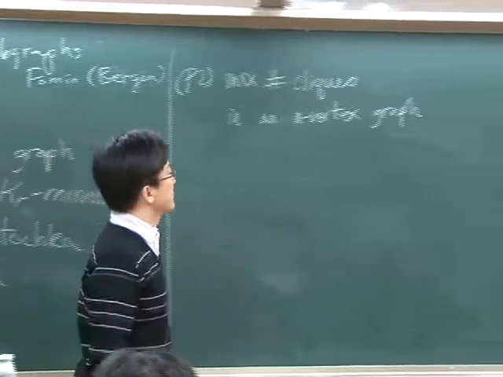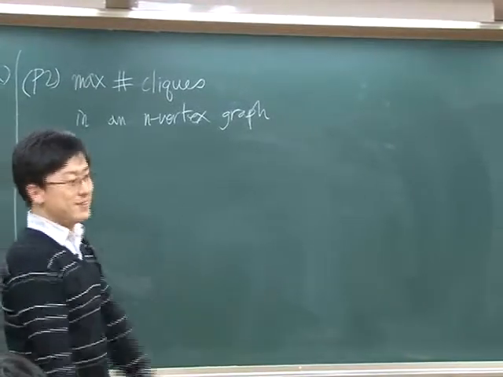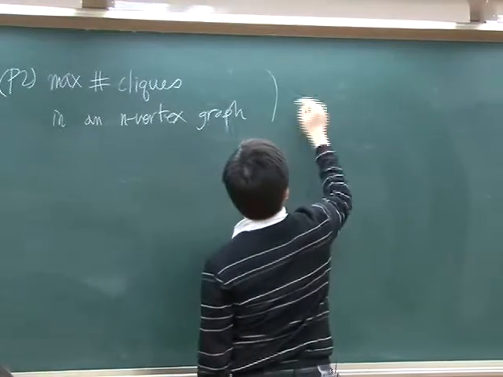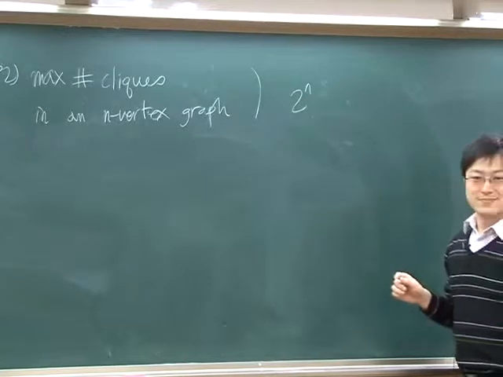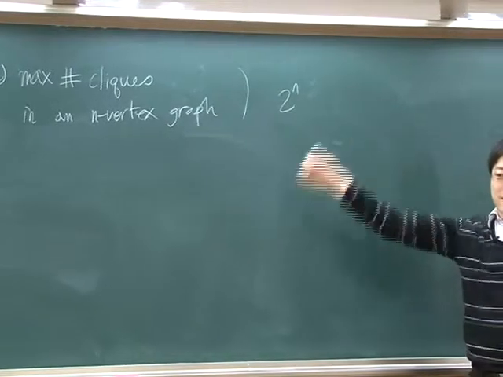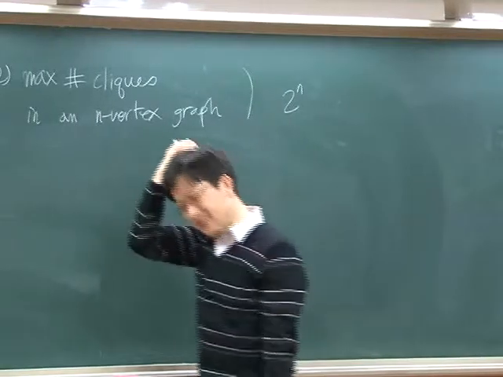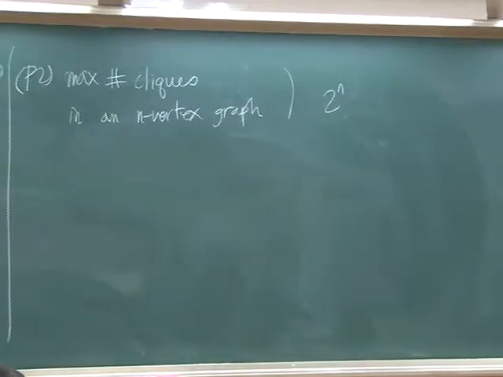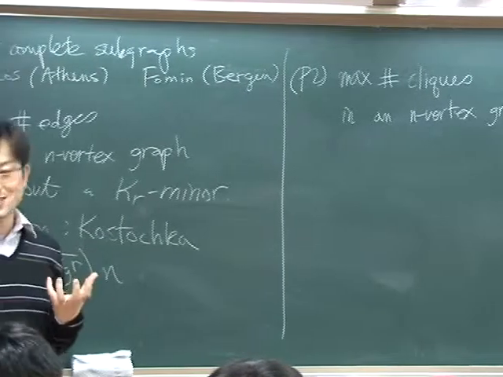So take the complete graph? Yeah, just take a complete graph. Then it's possible that you can have 2 to the n cliques, right? So you take a graph with n vertices where every pair of them are adjacent, and then any subset of vertices is a clique. So in such a case, the maximum number of cliques is 2 to the n.